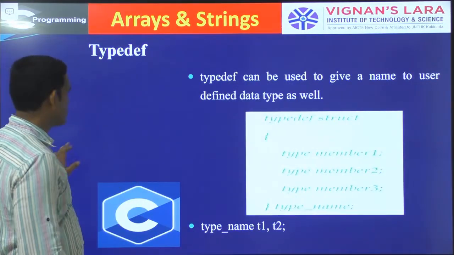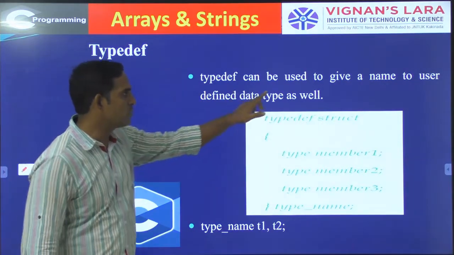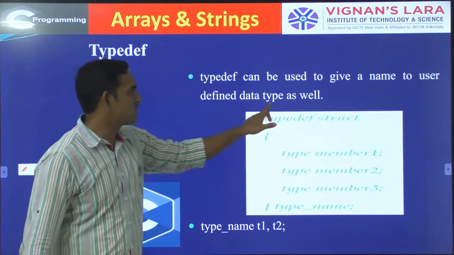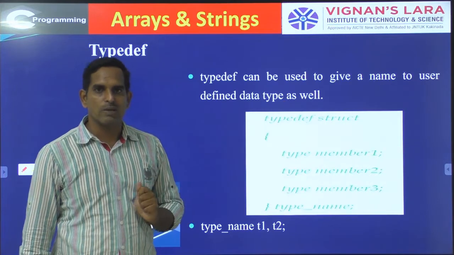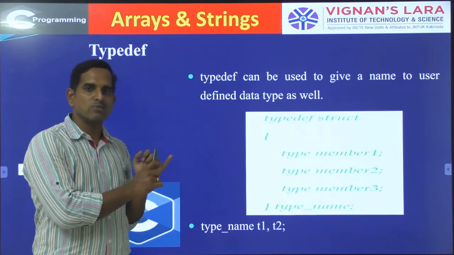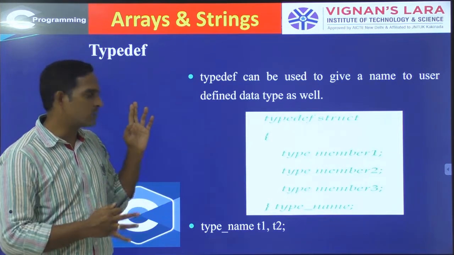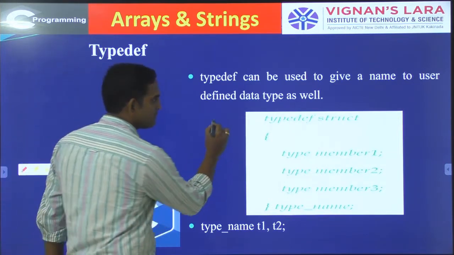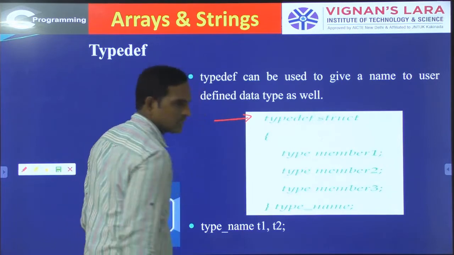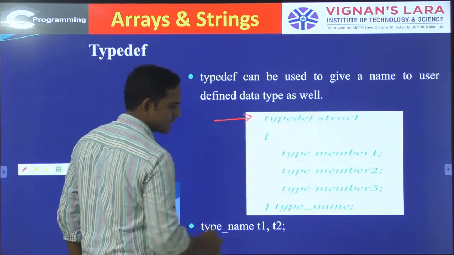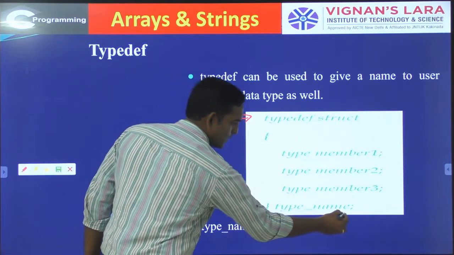Apart from that, Typedef can also be used to give names to user defined data types as well. Your user defined data types like arrays and structures can also be given new names by using Typedef. For example, Typedef struct. So you have already created a structure, and you can give a new name here.